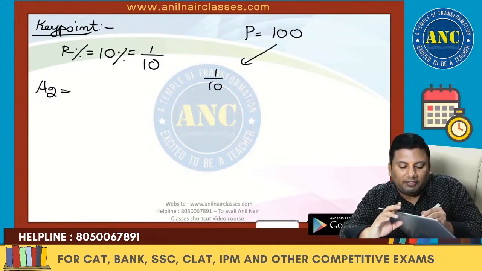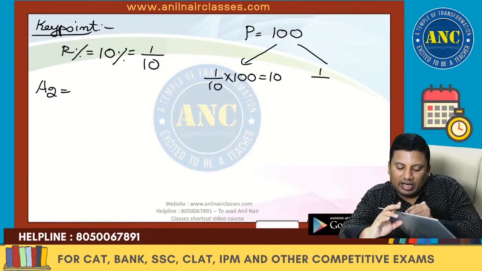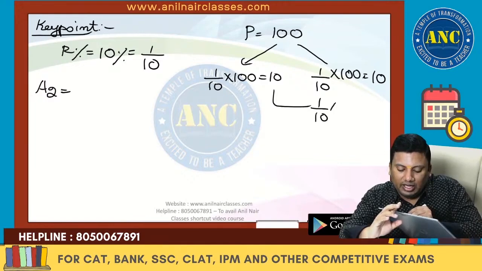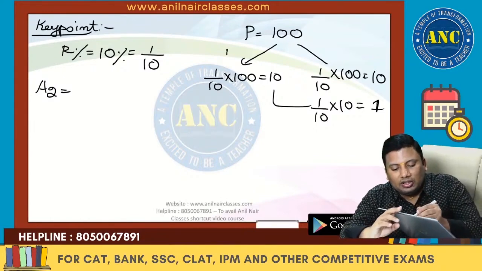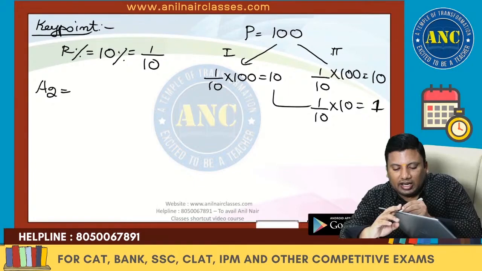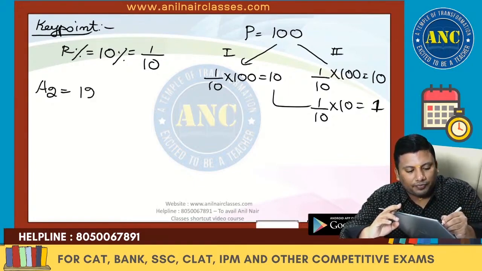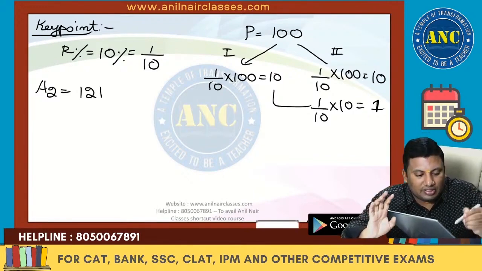First year, 1 by 10 of 100, which is nothing but 10. Second year, 1 by 10 of 10, which is nothing but 1. Amount after 2 years is nothing but 121. Listen carefully, sir.